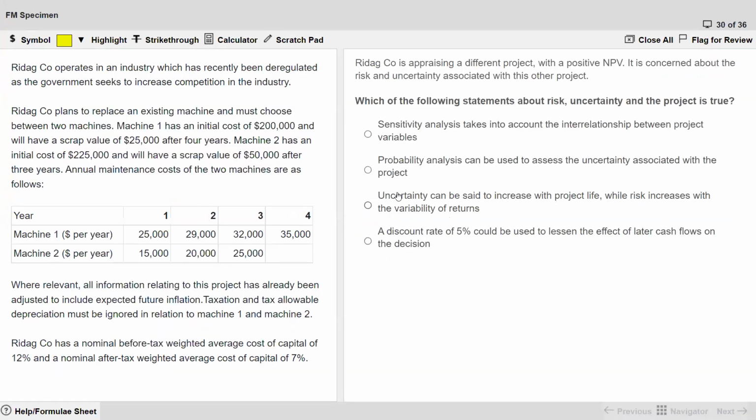Now the last question of the OTQs. RIDAC is appraising a different project with positive NPV. It is concerned about the risk and uncertainty associated with this other project. Which of the following statements about risk and uncertainty on the project is true? Sensitivity analysis takes into account the relationship between project variables.